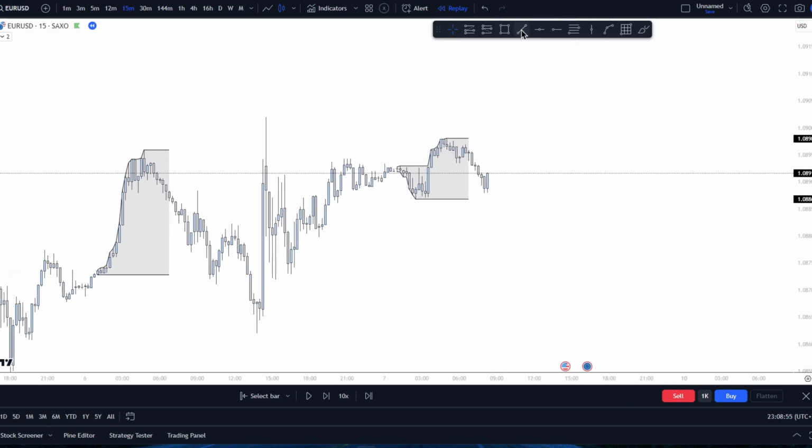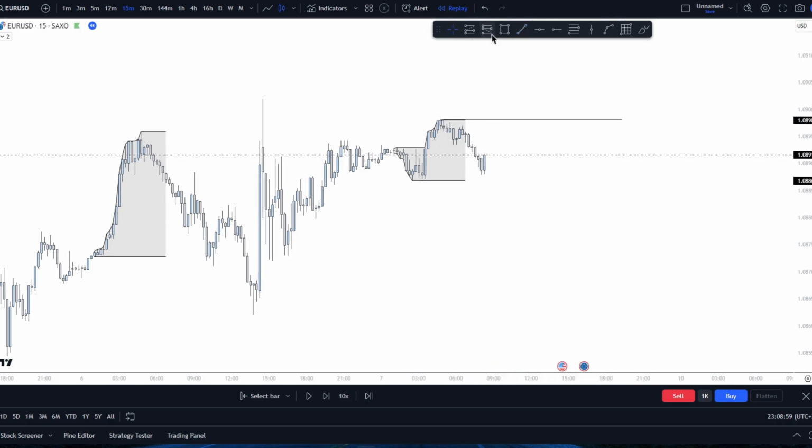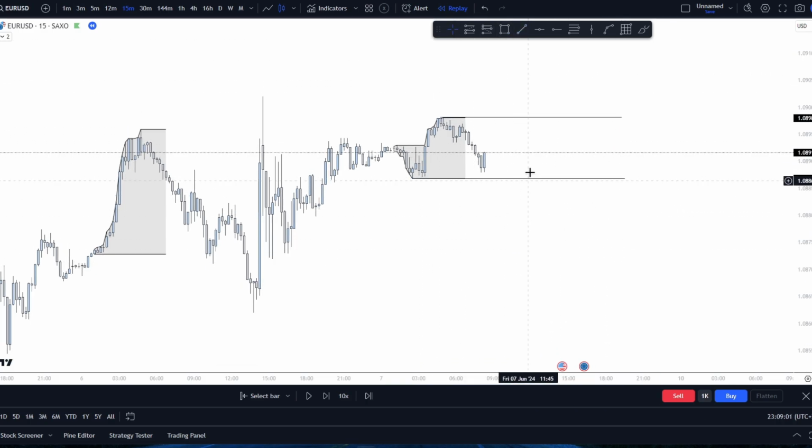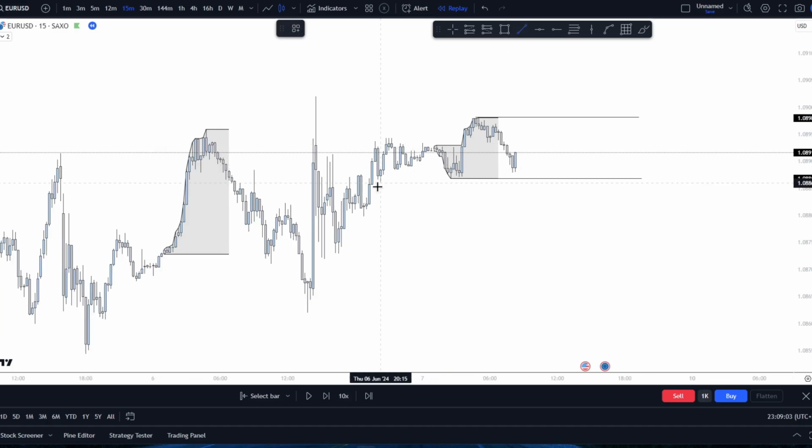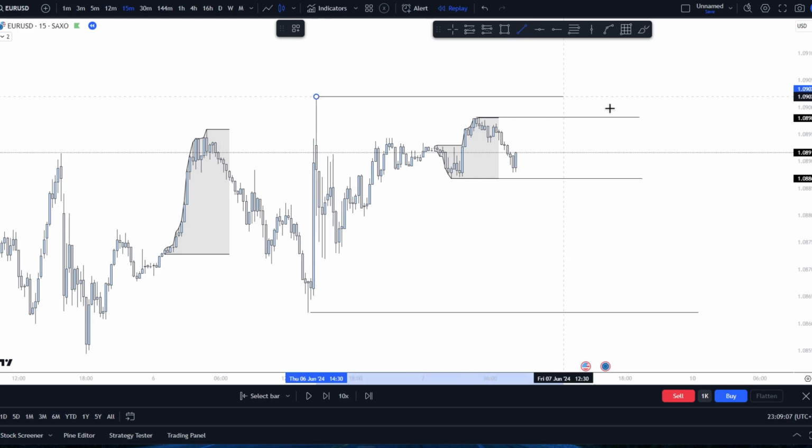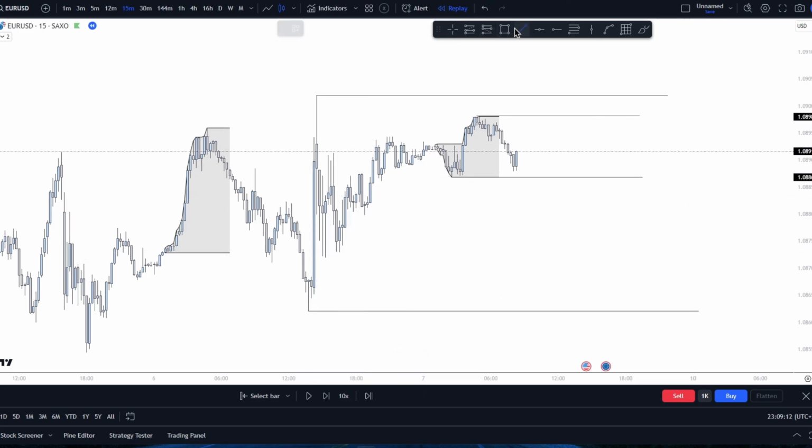So in this example, I would first mark the liquidity of Asia range, which is here. Then I would mark the opposing liquidity, the closest liquidity here. Here's like a lower resistance liquidity.